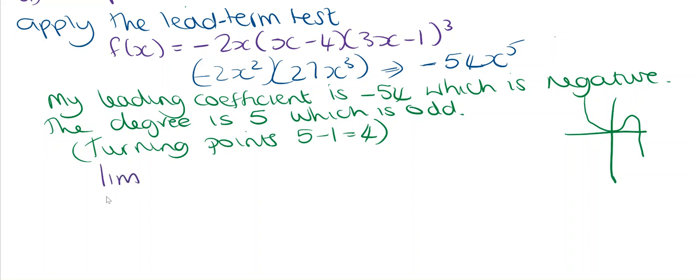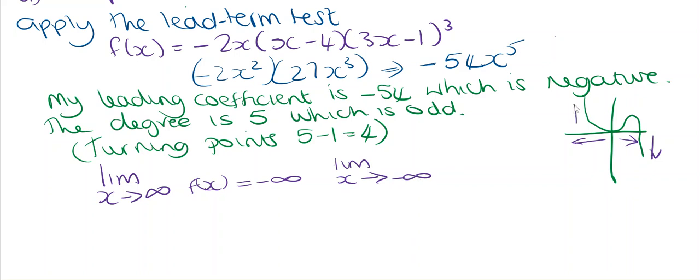So the limit as x approaches infinity, f of x is going to be approaching negative infinity. And as x approaches negative infinity, f of x is going to approach positive infinity.